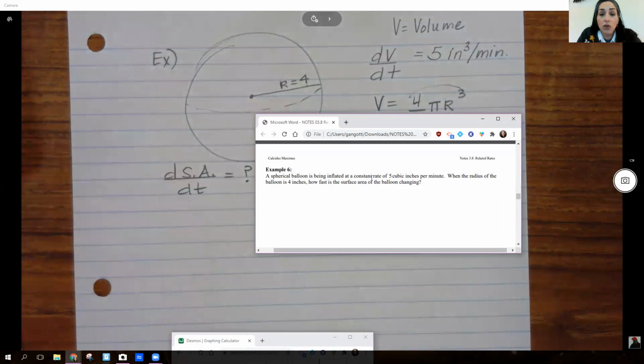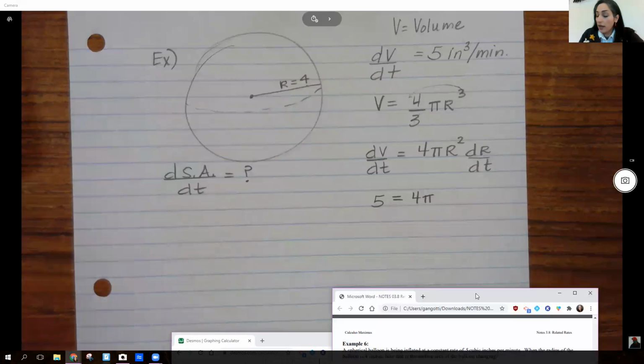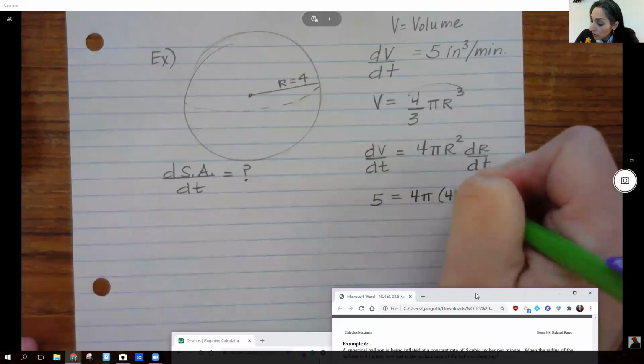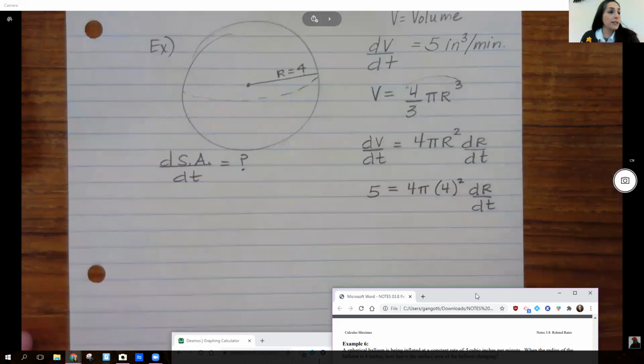So that means no matter what the radius is, the volume is still changing at 5 cubic inches per minute. So you can put the 4 in now because the volume's still going to be changing at the same rate. So that's what allows me to do that. All right, so I'm putting the 4 in, squared, dr/dt. Well, this is kind of nice.